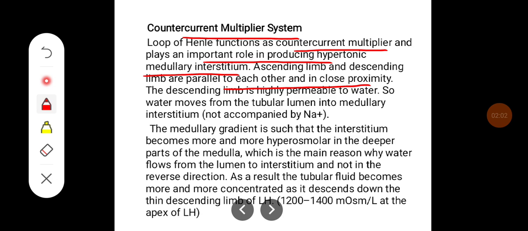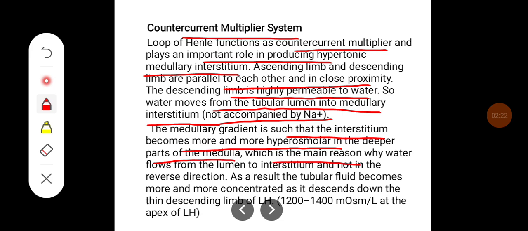The descending limb is highly permeable to water, so water moves from the tubular lumen into the medullary interstitium and it is not accompanied by sodium. The medullary gradient is such that the interstitium becomes more and more hyperosmolar in the deeper parts of the medulla, which is the main reason why water flows from the lumen into the interstitium and not in the reverse direction.